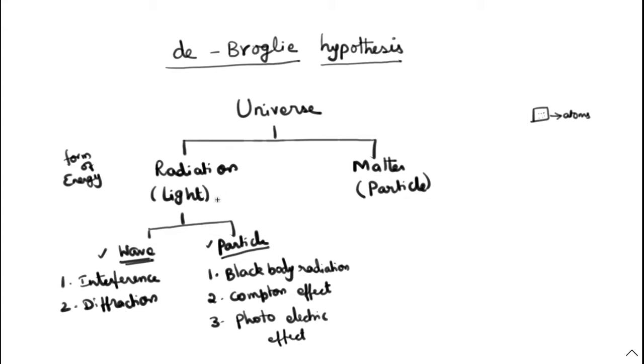Next, when we come to matter, matter means particle, so particle nature only it has. But this concept of dual nature of radiation prompted de Broglie to suggest the idea of matter waves. What is the meaning of matter waves?